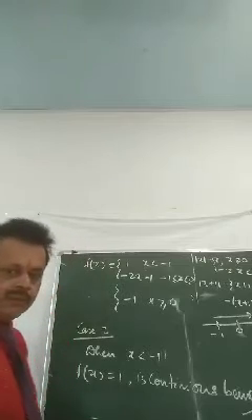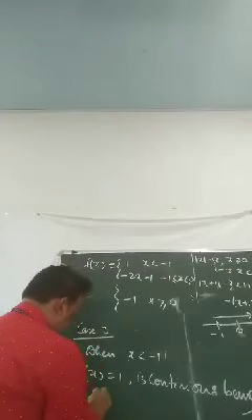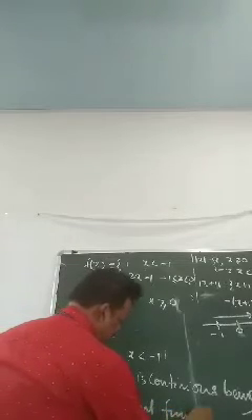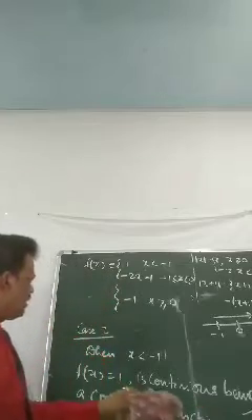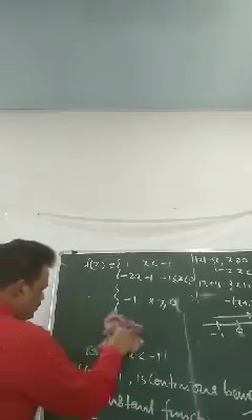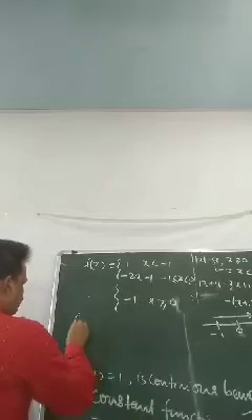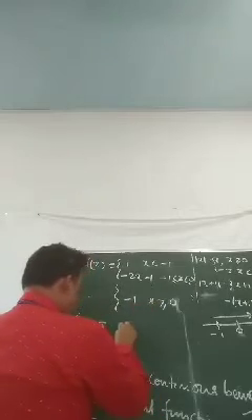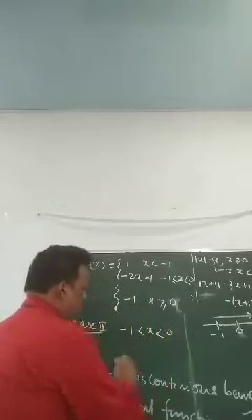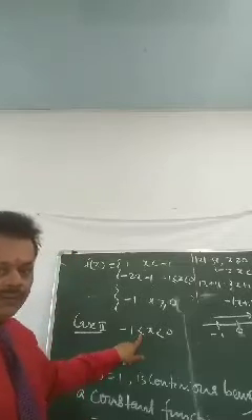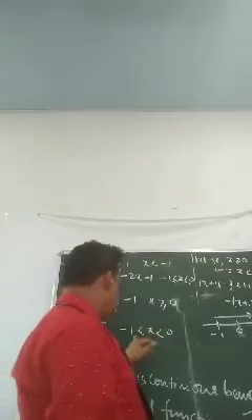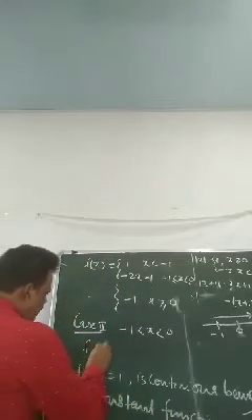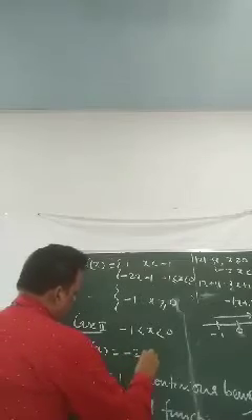Being a constant function. Okay. Now second part. Case 2. When x lies between -1 and 0. Equality I have not taken. Equality is for the point. So when x lies between -1 and 0, what is our f(x)? f(x) equals -2x minus 1.